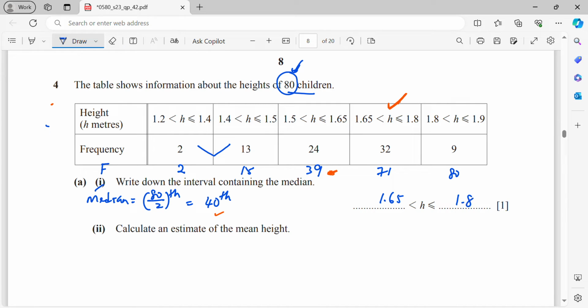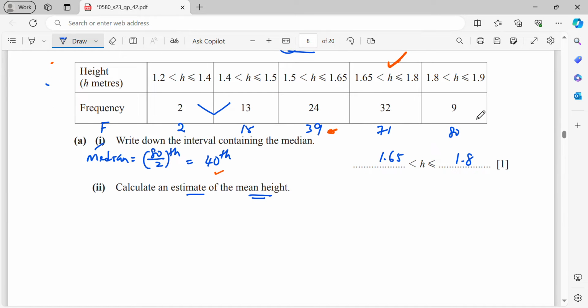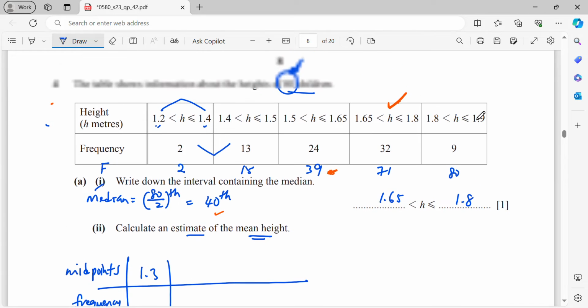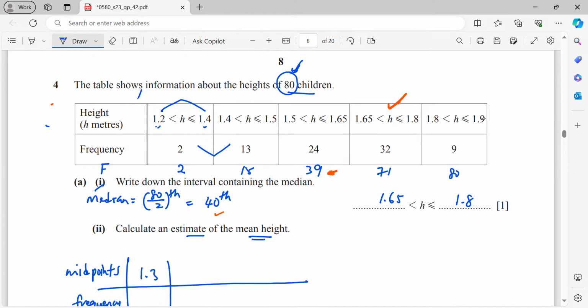Now for the second part, calculate an estimate for the mean. For the mean, we need to get the midpoints, so I have to draw a table: midpoints and then frequency. The midpoints are found by getting the average of the limits. So 1.2 plus 1.4 divided by 2 gives 1.3. You plus together and divide by 2.